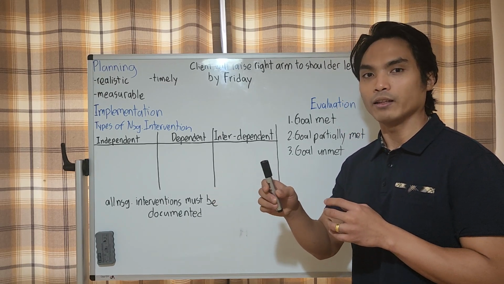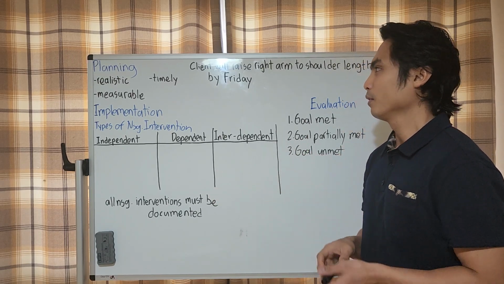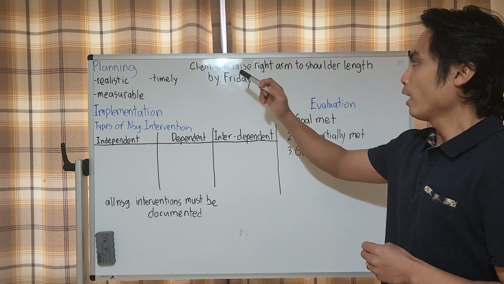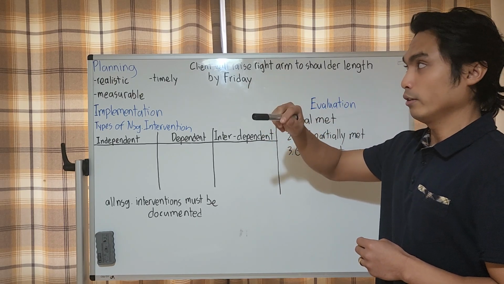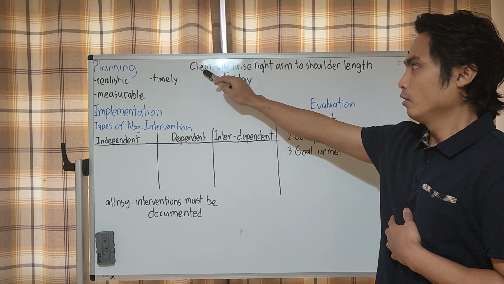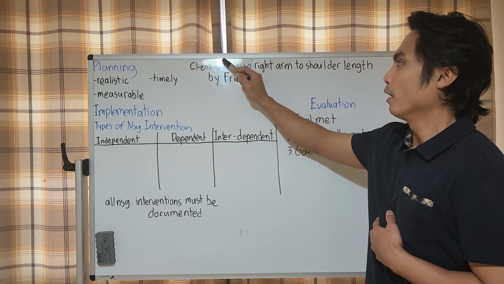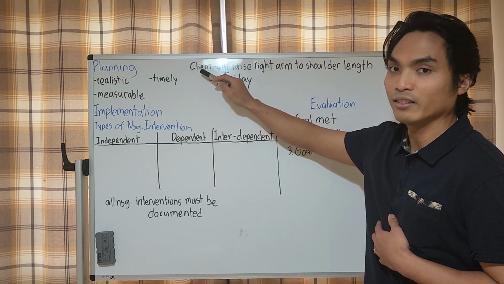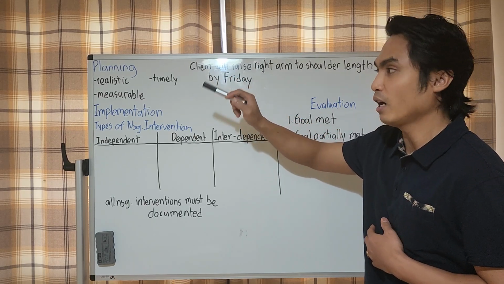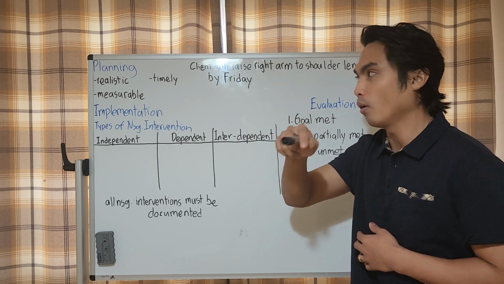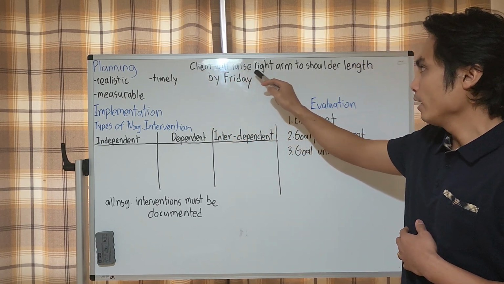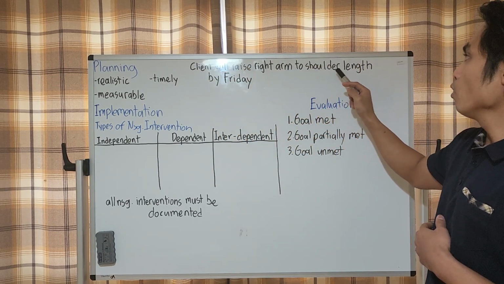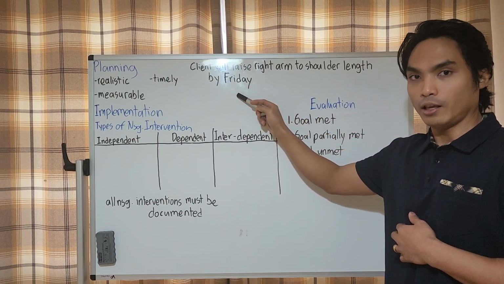So our client is a stroke patient. Your goal can be written like this in your nursing care plan. Remember, the nursing care plan is client focused. So you start the statement with client, not the nurse will. No, that's wrong. The client will raise right arm to shoulder length by Friday.